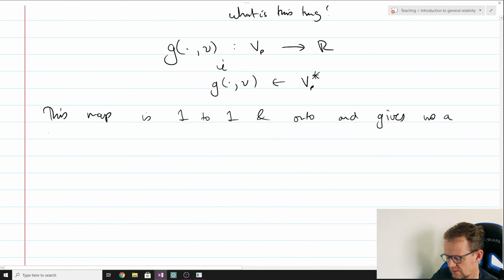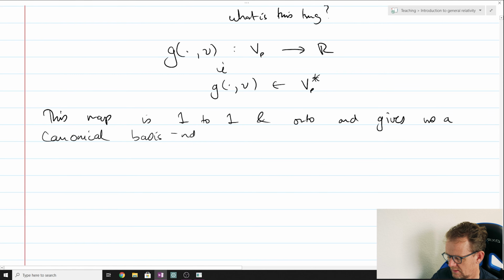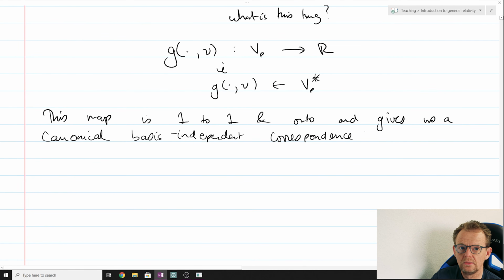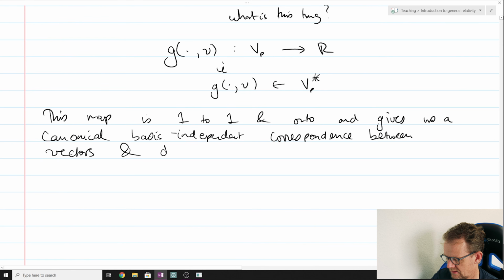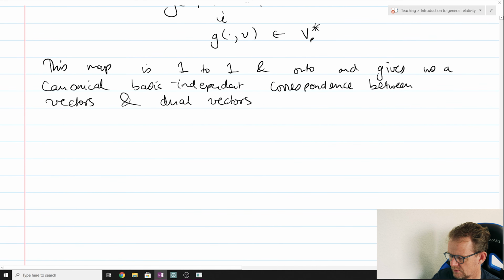It gives us a canonical, a standard, basis independent correspondence or identification between the tangent vector space and the cotangent vector space, or vectors and dual vectors, right?